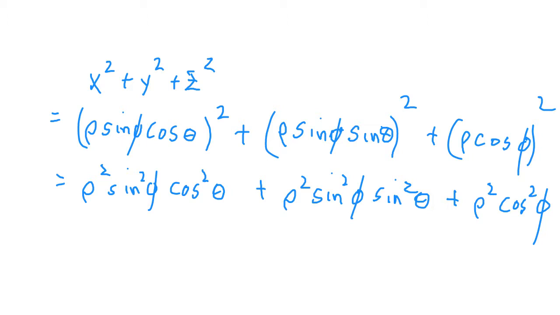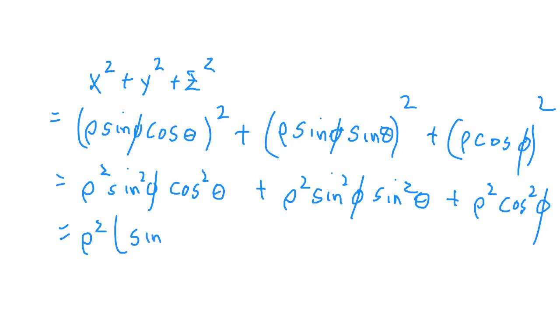Now, what we can do here is factor out a rho squared from everywhere.